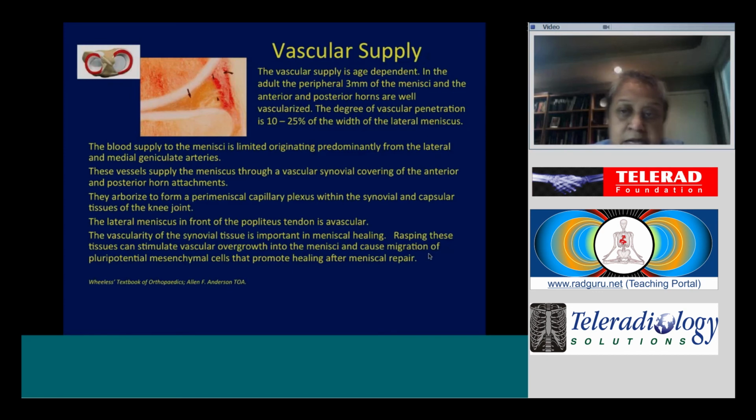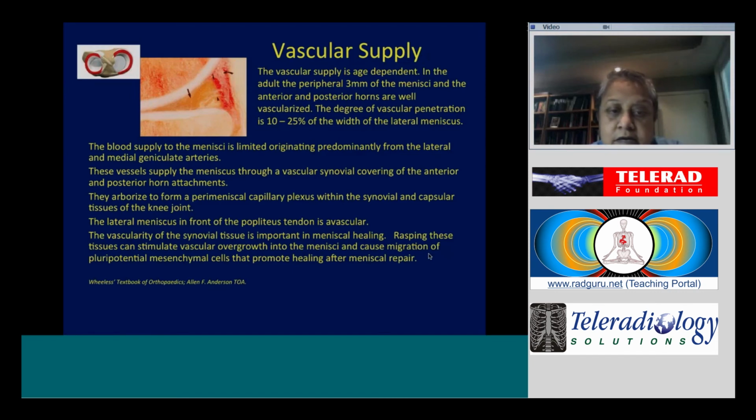Where does the blood supply come from? It comes from the lateral and medial geniculate arteries and their branches. These vessels supply the meniscus through a vascular synovial covering of the anterior and posterior horn attachments. They arborize and form a perimeniscal capillary plexus within the synovial and capsular tissues of the knee joint. The lateral meniscus in front of the popliteus tendon is completely avascular throughout its width.